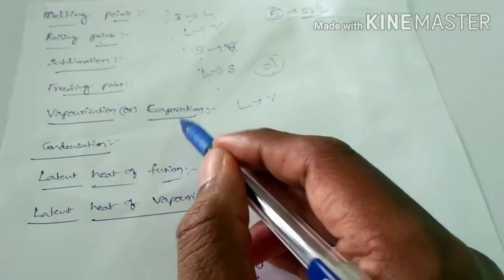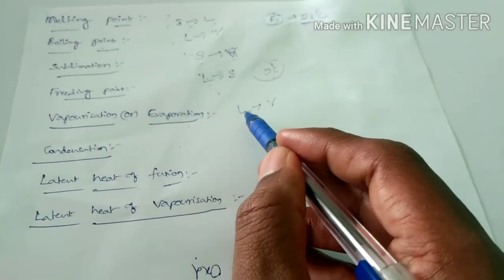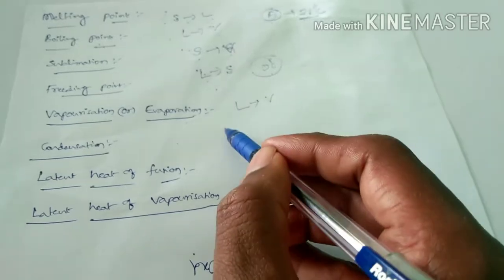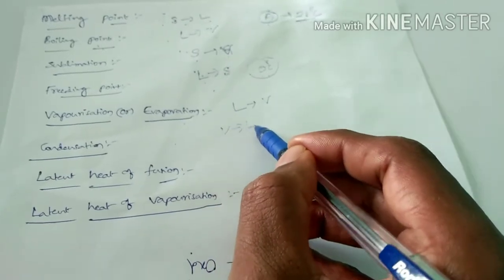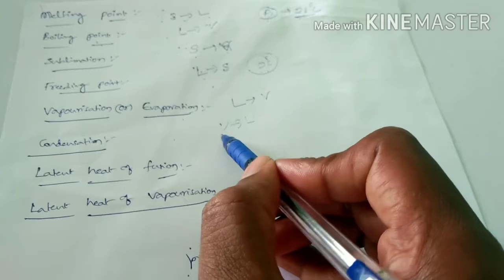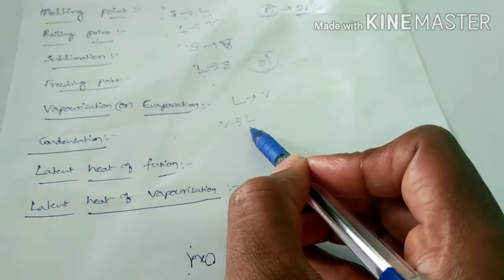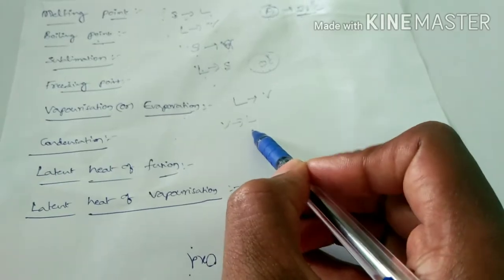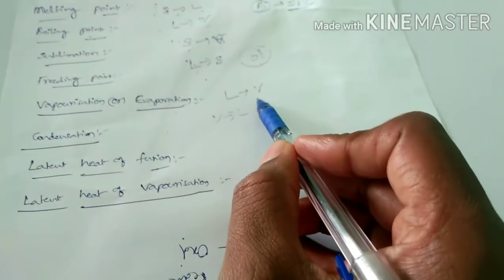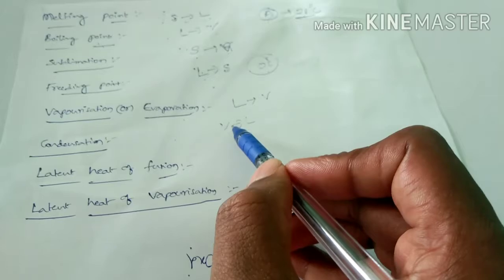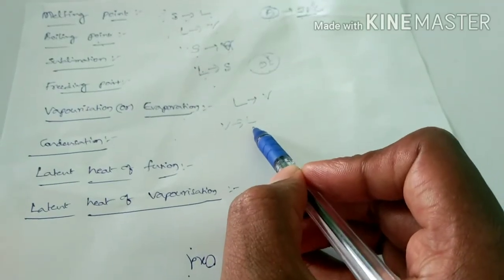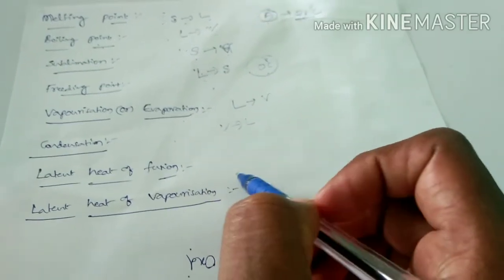That is the opposite definition for evaporation. Here liquid is converted into vapor. Here vapor is converted into liquid. The process in which vapor is converted into liquid is called condensation. Liquid is converted into vapor is called vaporization. Vapor is converted into liquid is called condensation.